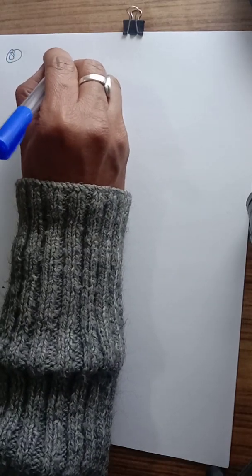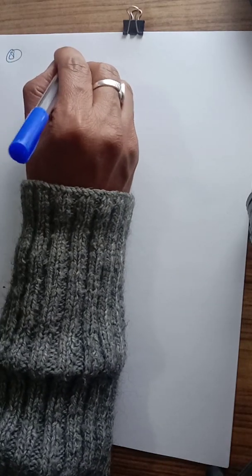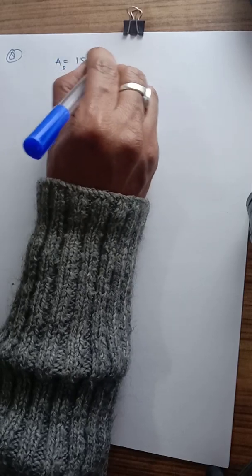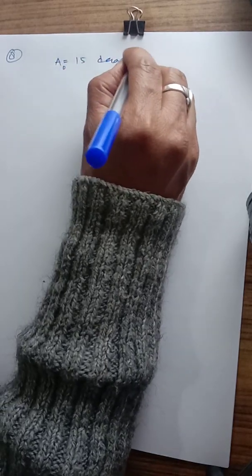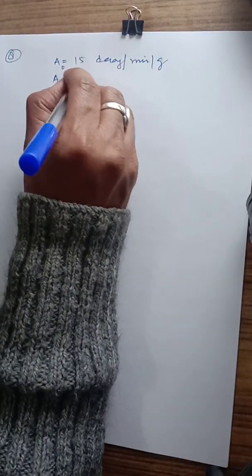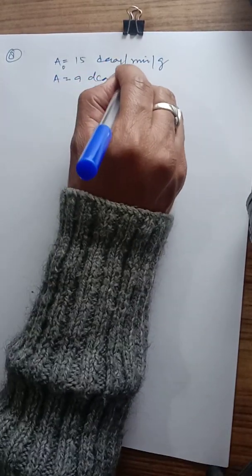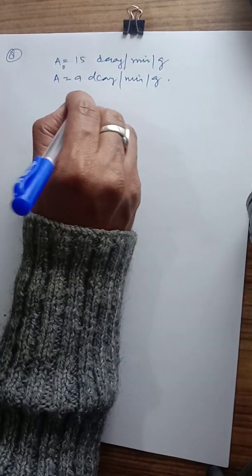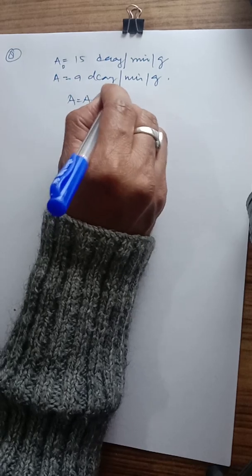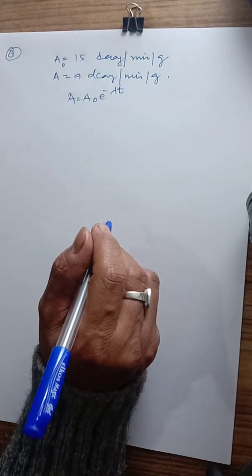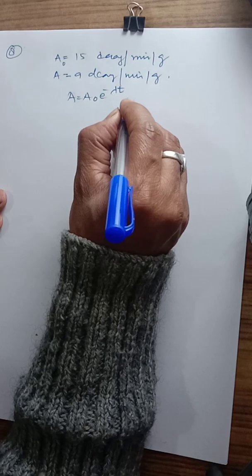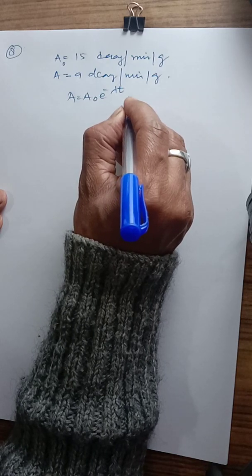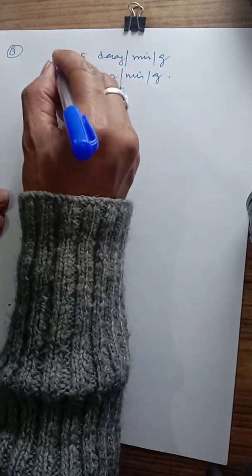In the starting, the value given is A0, that is 15 decays per minute per gram. At the end, it is 9 decays per minute per gram, and we have the formula A0 e raised to the power minus lambda t.